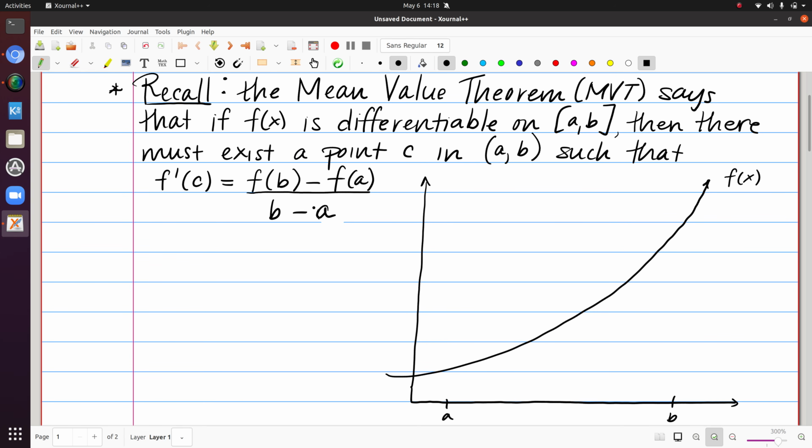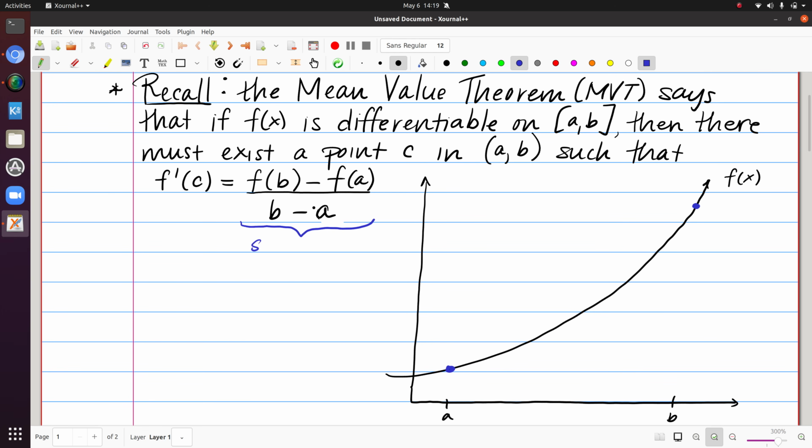When we're looking at this, let's think first of all about the thing on the right, which I will make blue. That is exactly going to be the slope of the line that connects these two points on the graph, the one at a and the one at b.